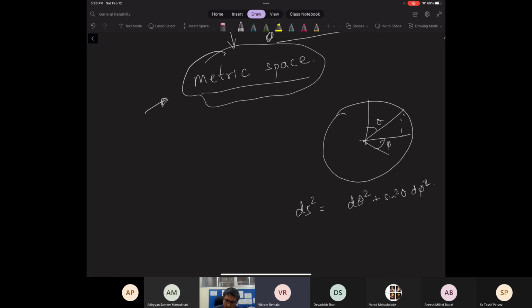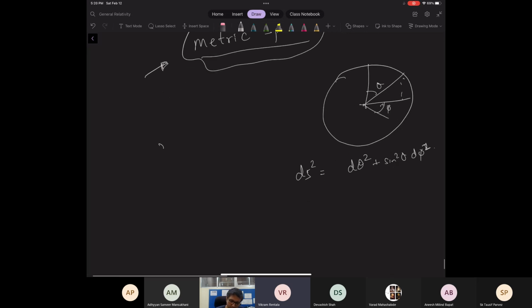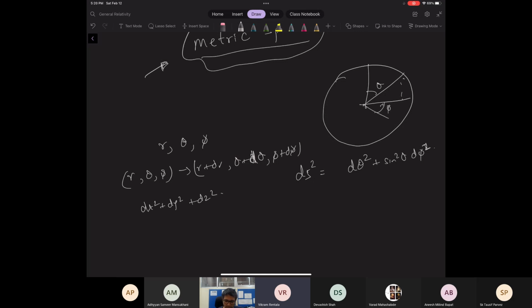How did I get this? Well, you can show that in 3 dimensions, if I have polar coordinates r, theta, phi, then the distance between 2 points which are at r, theta, phi and at r plus dr, theta plus d theta and phi plus d phi, I could work it out in Cartesian coordinates, and I know that the distance will be dx square plus dy square plus dz square.